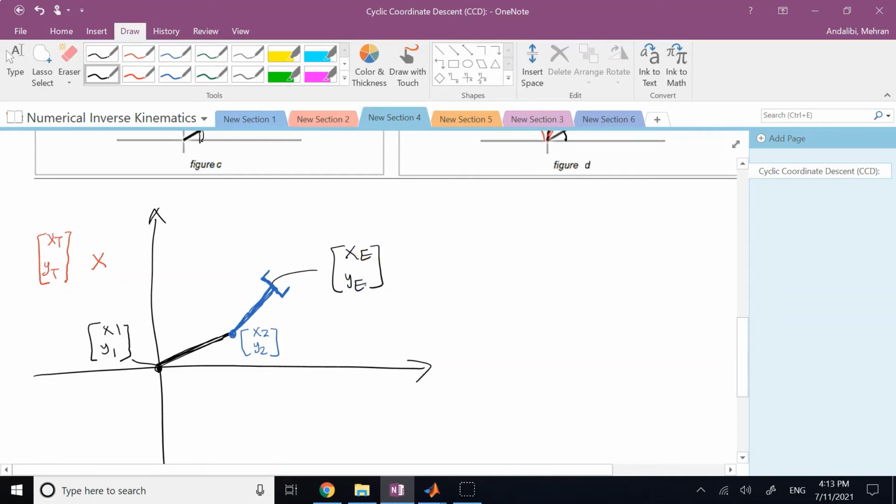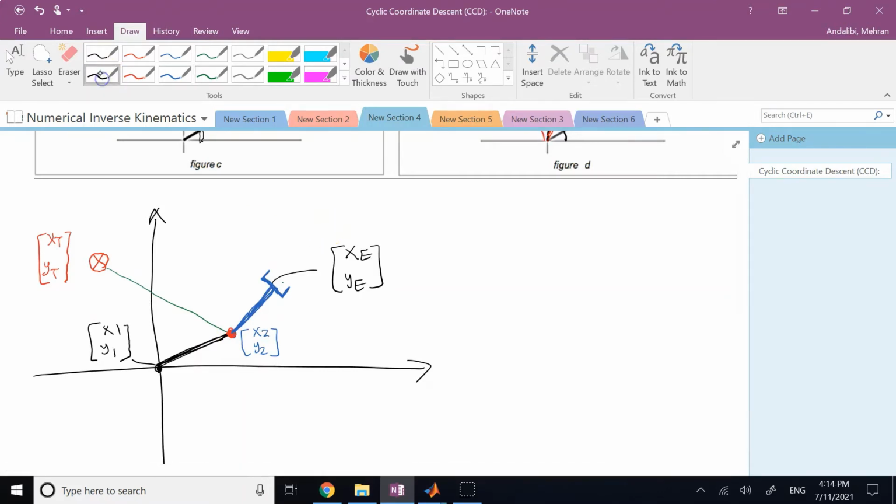Let's say I'm now first focusing on joint number 2. How do I calculate the alignment angle? As we said in the algorithm, you connect your target point to the desired joint, and then you try to align the line that goes from your joint to the end effector with this line, correct?